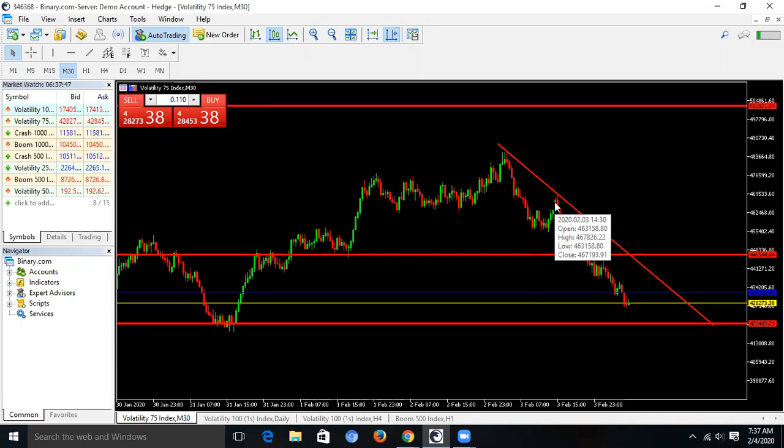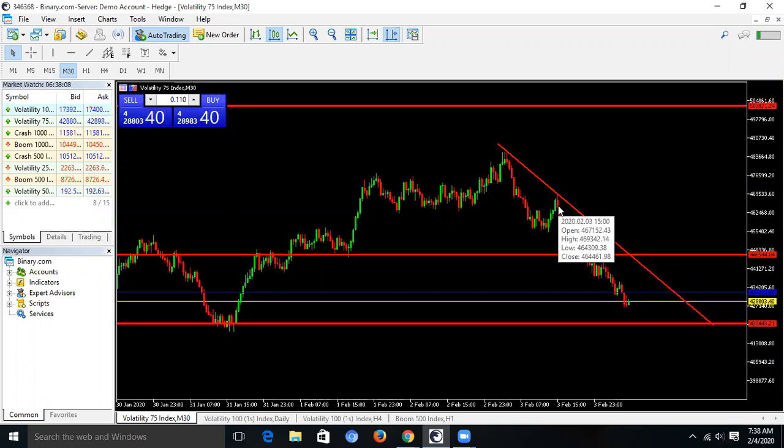Now, after this second touch, how do you enter the market? With a candlestick formation like this. Once you see a candlestick form like this, it means that price is going to go down.